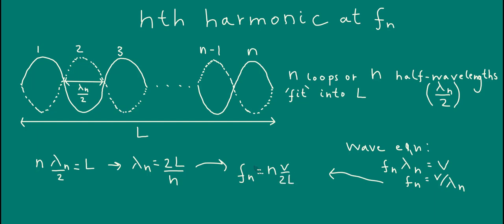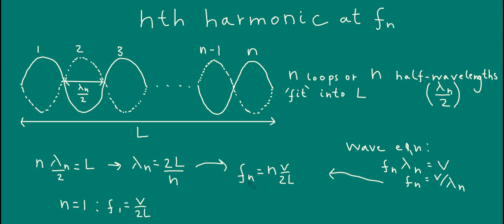Now, to see the implications of this a bit more clearly, if we just set n equal to 1, so in other words, if we just consider the first harmonic, then f1, the frequency of the first harmonic, would equal n. Well, n is just 1, so 1 times v over 2L.